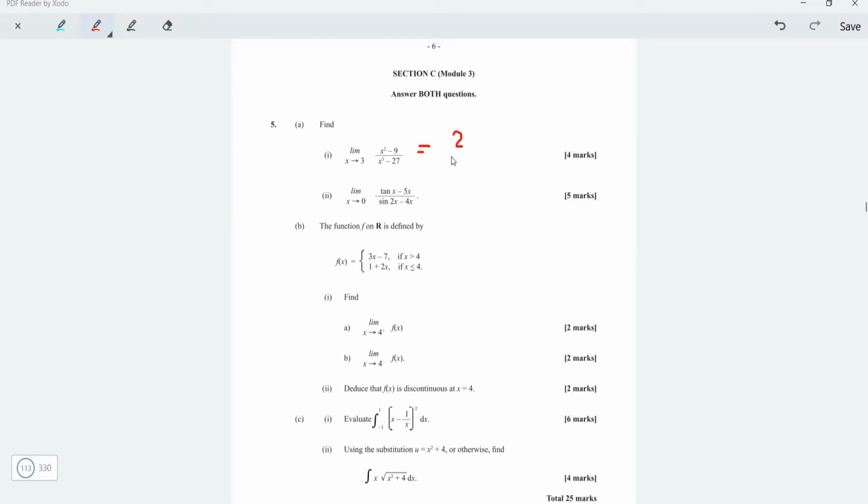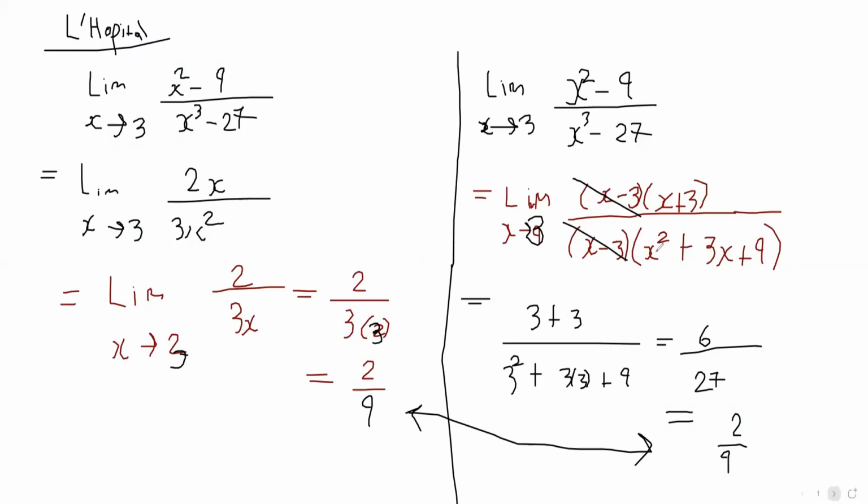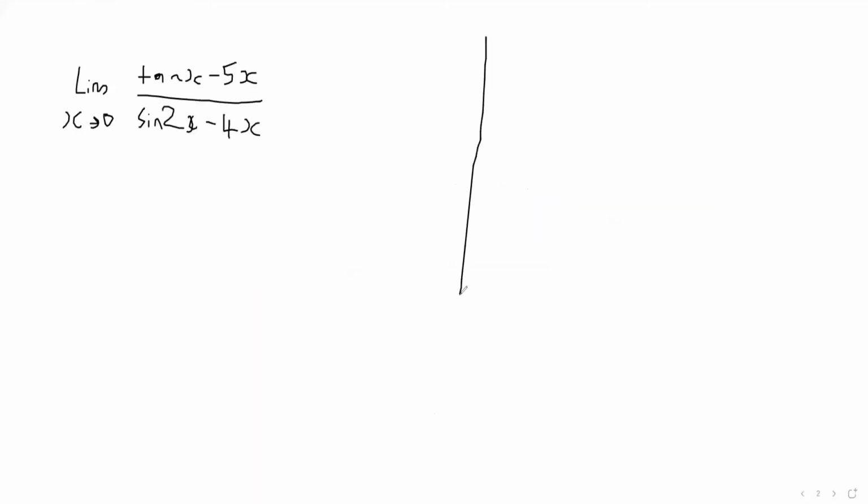Now the next part is to evaluate this limit right here. The first thing we can do is use L'Hopital's rule again. We're going to split the page: one side is L'Hopital's rule and the other side is trig identity.